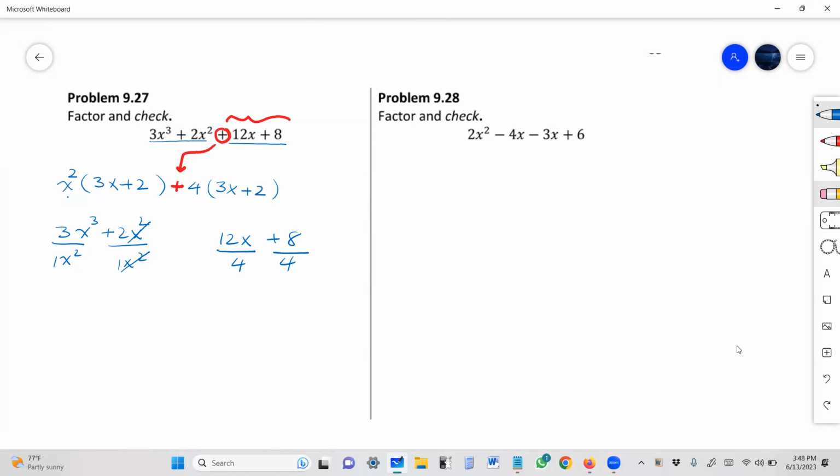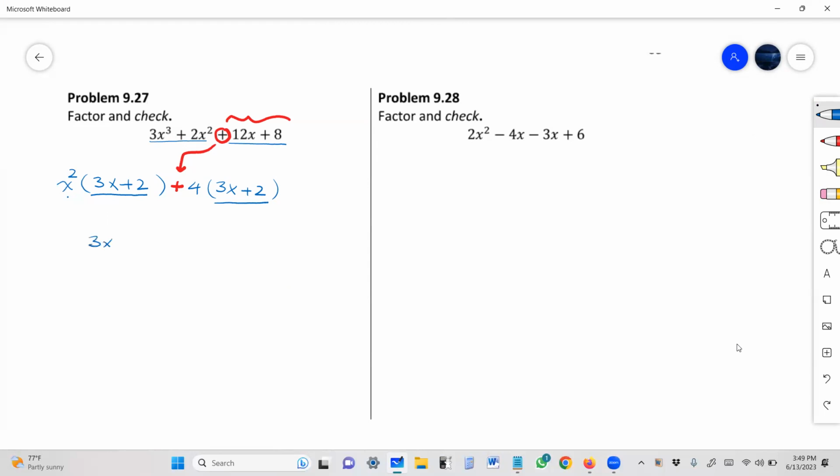I am going to erase all of this. We don't need it anymore. This is only for support work. Sometimes you can do it visually, when you get a little bit more experienced. I did it on the side for you to see how to find the terms inside of the parentheses. And now look, this term is identical to that.